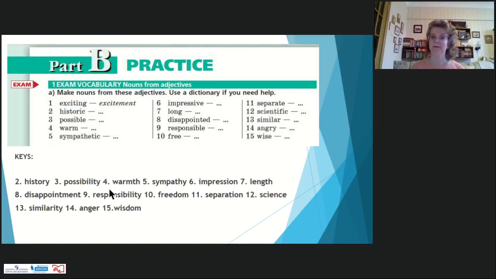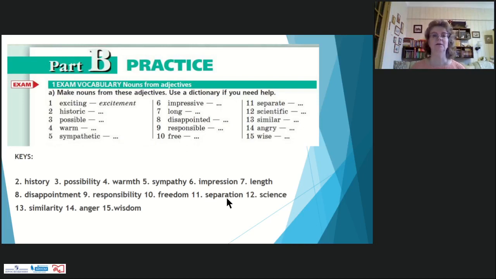Long, length. Видите этот суффикс th? Warmth, length. Disappointed, разочарованный. Now the noun is disappointment. Responsible, responsibility. Free, свободный. Freedom, свобода.